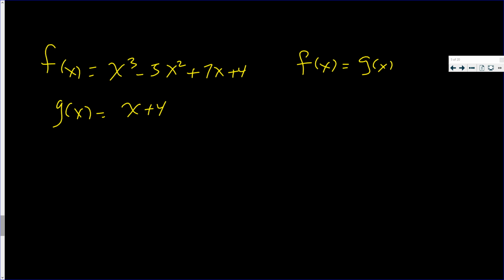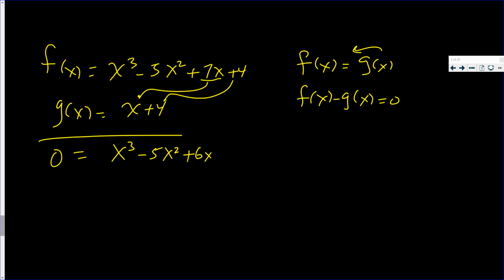Well, the only thing that's really going to subtract are those. You're still going to have x cubed minus 5x squared plus 6x. 7x minus x is 6x, and the 4's are going to cancel. Okay, so now we factor out an x. We get x squared minus 5x plus 6.